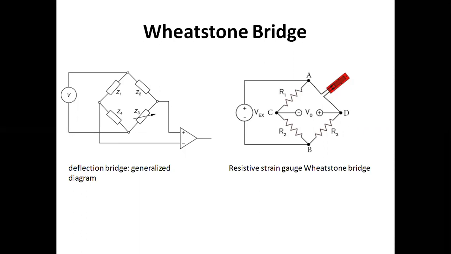In case of ohmic conductors, we talk of resistance. In case of elements like capacitors and inductors, we talk of reactances. In general, resistance and reactances are referred to as impedance. So you could have a Wheatstone bridge made of resistors. You could have a Wheatstone bridge made of capacitors.